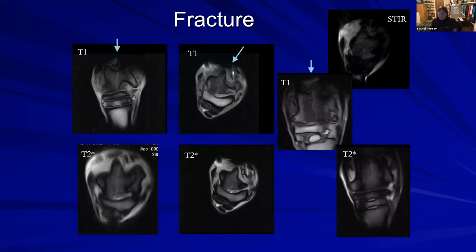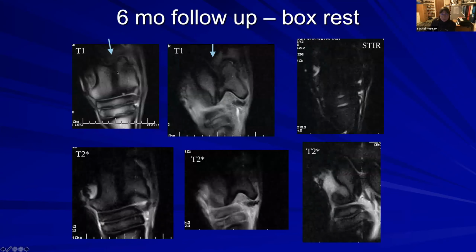Just to follow here, a sagittal plane talus fracture, which we can see fairly acutely, and I've seen a few of these. This was managed conservatively, and at 6 months we've got significant sclerosis and filling in of the fracture line. So the decision could be made at that point to do increased exercise.